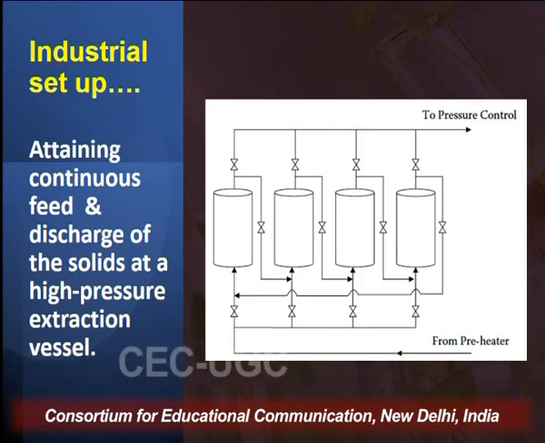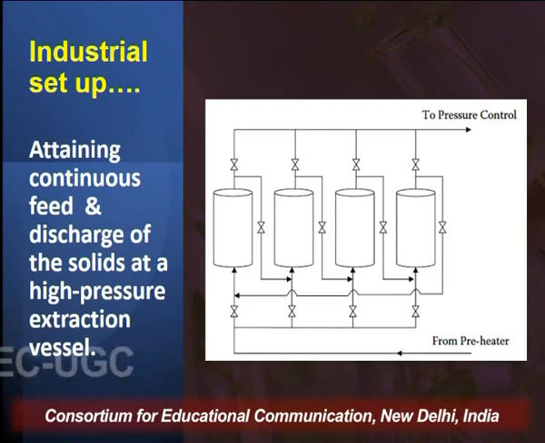So continuity of the feed as well as continuity in removal of the spent material is of utmost requirement in an industrial setup. In order to achieve that continuous feed and discharging of the material, the extraction vessels are arranged in a series. As you can see in this figure, 4 extraction vessels are arranged in a series.